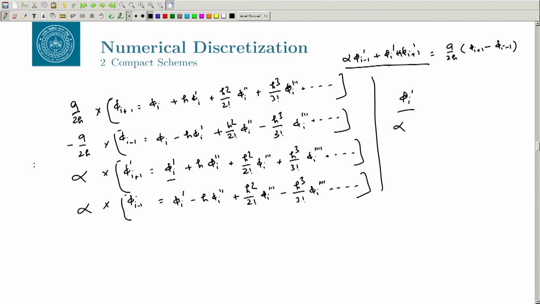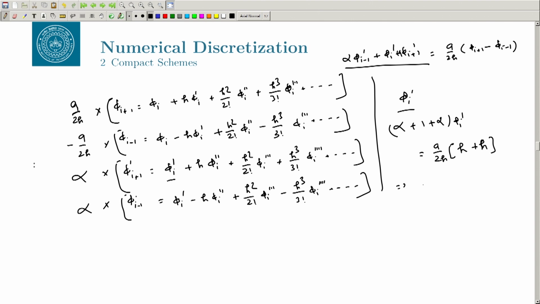Okay, and this is alpha plus 1 and then again alpha plus alpha. So, this is on the phi I prime on the left side, and on the right side you have a by 2h, and then you are taking phi I plus 1. So, phi I plus 1, this will become h and minus h, which is basically h plus h.